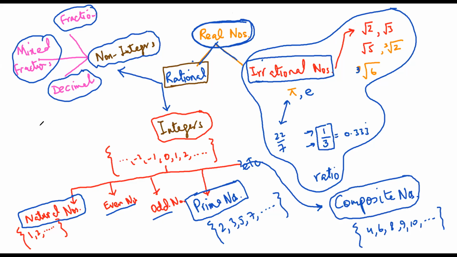I haven't written 1. 1 is known as unity. So 1 is neither a prime number nor a composite number. Please remember, 1 is not a prime number. Mostly people start the prime numbers from 1, but prime numbers start from 2. So 1 is called unity, and it is neither prime nor composite.